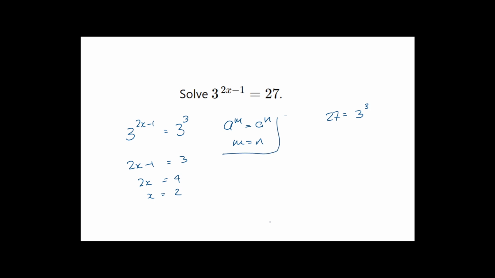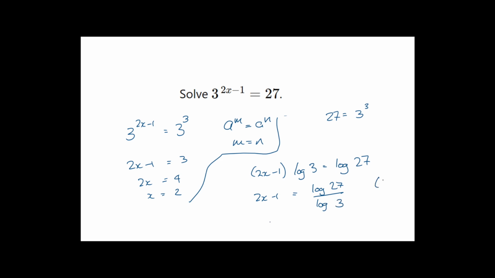The other way of doing it is to take the log of both sides. So 2x minus 1 times log 3 equals log of 27. Doesn't matter what the base is. So 2x minus 1 equals log of 27 over log of 3.